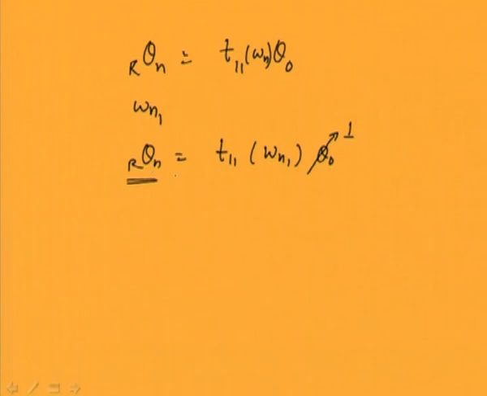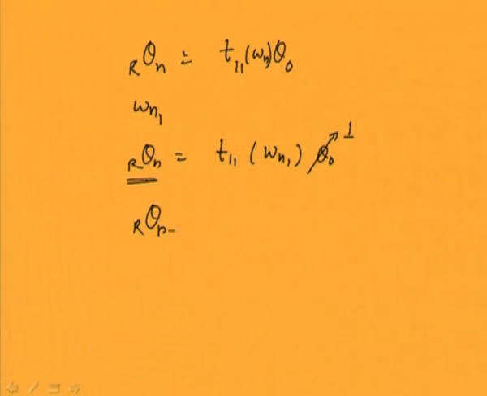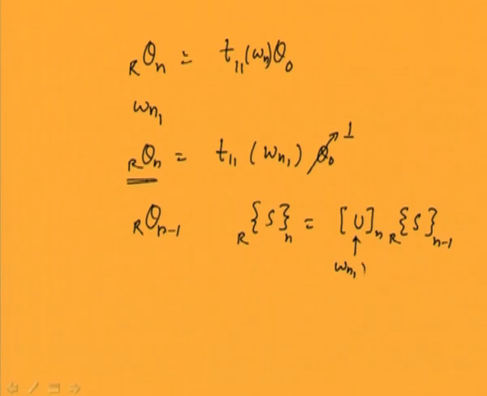Now we have relations earlier using the transfer matrix method, in which we have related the state vector of the nth station to the state vector of the n minus 1 station. So we can use those equations for the state vector, so these relations can be used, and here this is a function of omega n1.